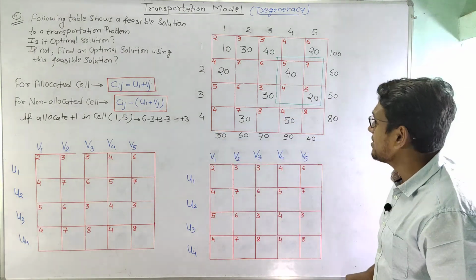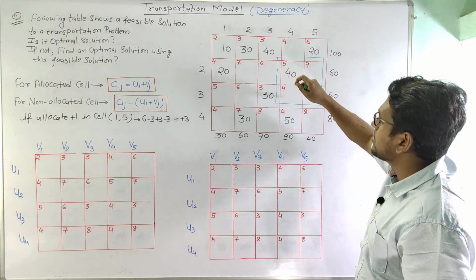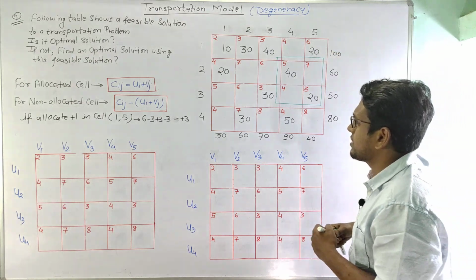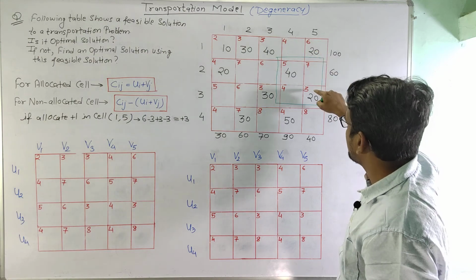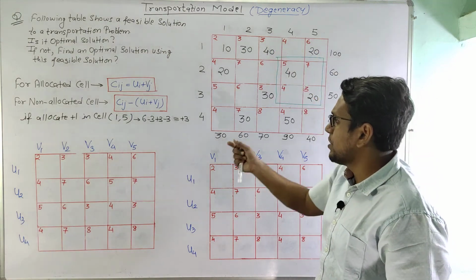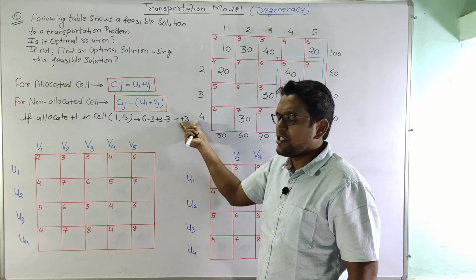So what I'll do is I will withdraw 1 unit from here and do the same. So let us see what has happened. If I withdraw 1 unit, this will be minus 6, this will be plus 3, this will be minus 3, this will be plus 3, and the total transportation cost will change by minus 3.